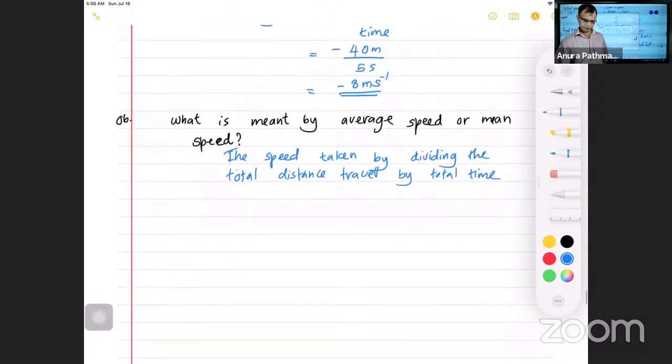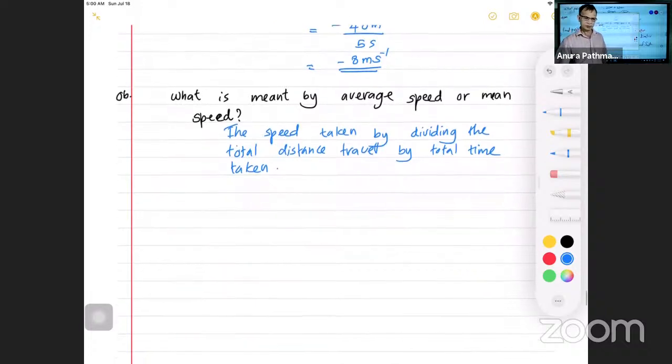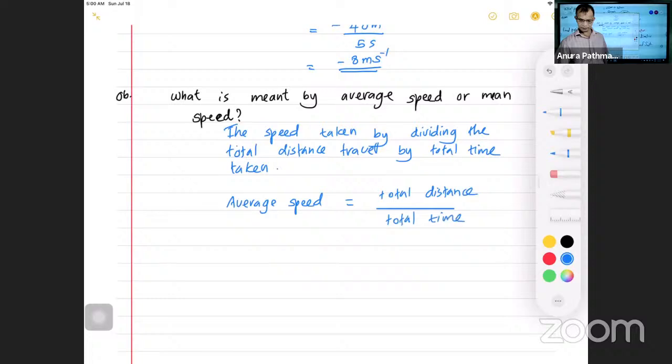It means, so you can say average speed equal total distance divided by total time.